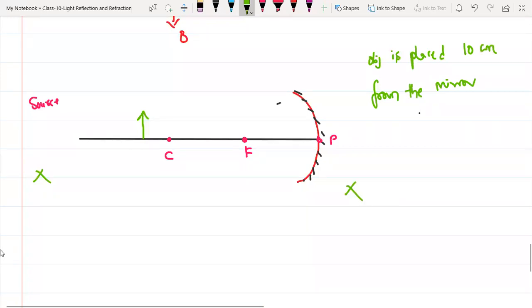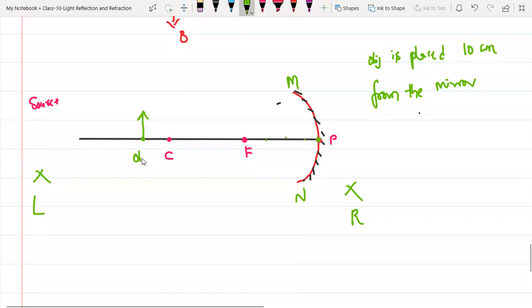Obviously, the mirror is here, mirror MN. You will calculate 10 centimeter from P only, no? From P, 1 centimeter, 2, 3, 4, 5, 6, 7, 8, 9, 10.